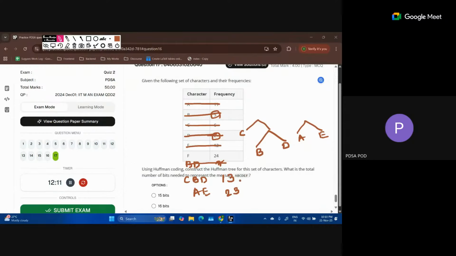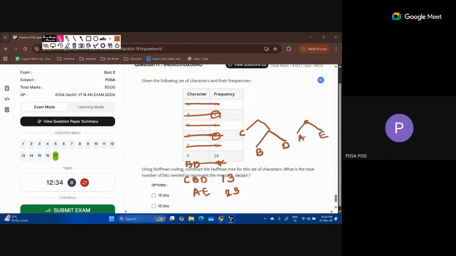Then CBD and AE will be separate, right? What will be the level of AE? Will it be with the C or with the BD? Neither.